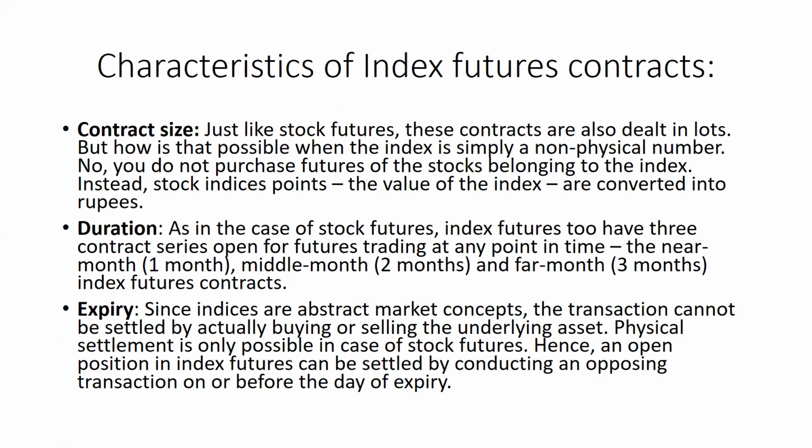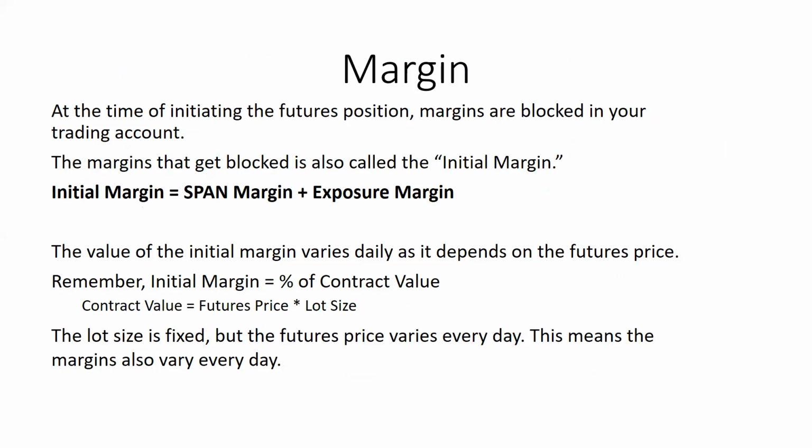Now comes the margin part. Similar to options, here also the margin is required. The margin basically comes from the SPAN and exposure margin from the exchange side. The value of the initial margin varies daily as it depends on the future price. This initial margin is a percentage of the contract value, and the contract value equals futures price times lot size.